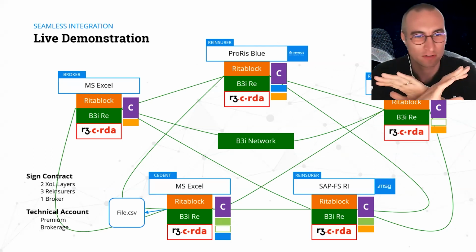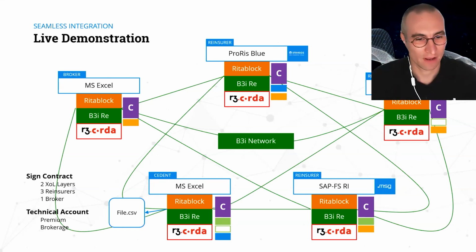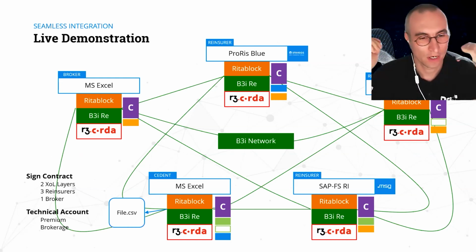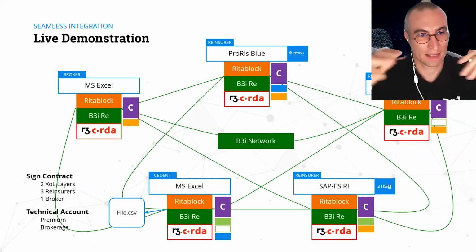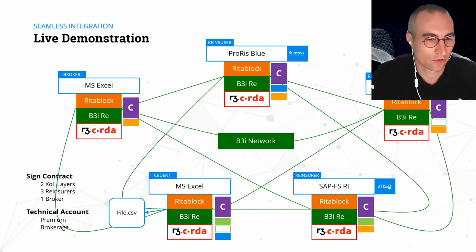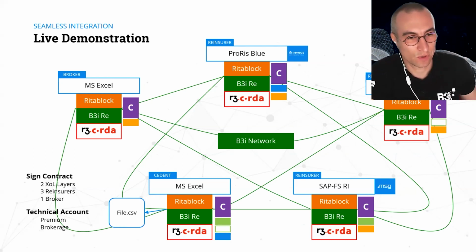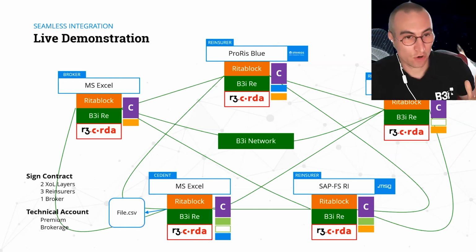The placement process is not linear. In the B3i Re protocol, you can support the entire types of steps. It is compliant with the Rushlicon workflow, and it can support even beyond that. It really enables true exchanges. And so we have anticipated this. What we did is the broker was authorized explicitly by the cedent with a specific contract to be submitted to the market.